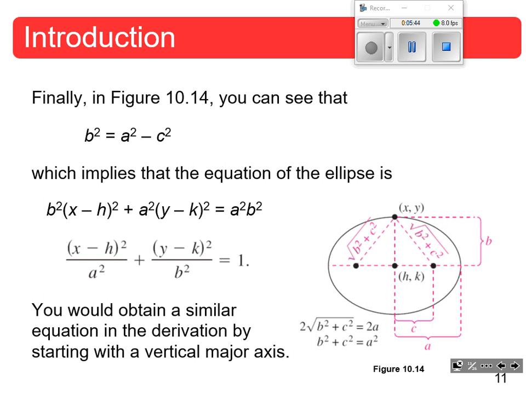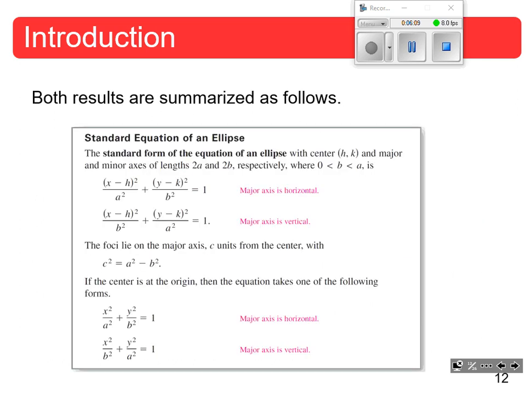Now, if we had it switched, x minus h squared over b squared plus y minus k squared over a squared equals 1. It would be elongated vertically. The main difference is that A is always going to be greater than B. So these are our two equations as we saw.